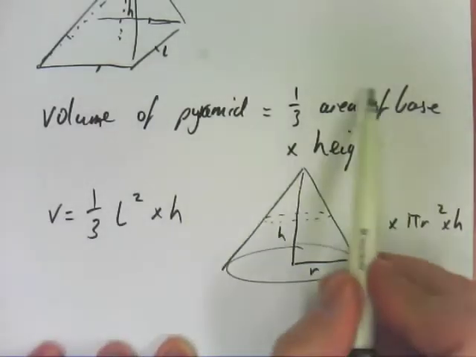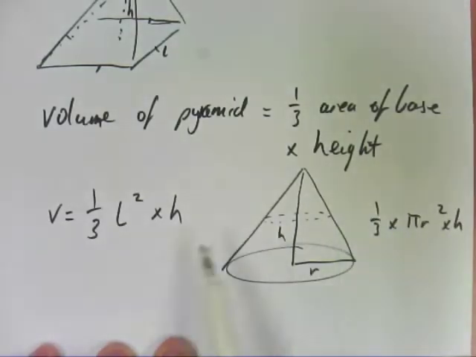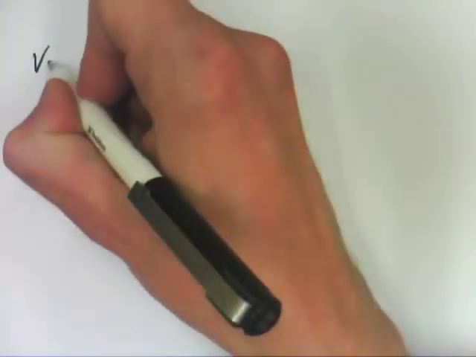So that simple rule, volume of any pyramid is 1/3 the area of the base times the height, can be used for square pyramids, triangle pyramids, or even cones, or what we might call circular pyramids. What about the volume of a sphere?